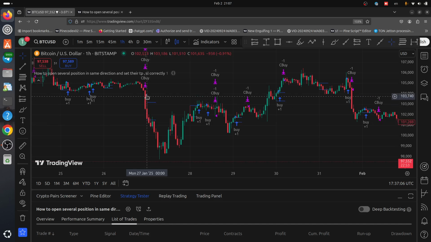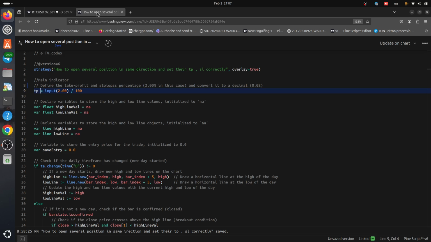So we mark in every day the high of that candle, and if we have a candle close higher than that line and the previous close lower than that line, we open a long position.